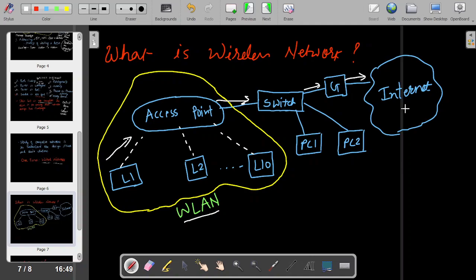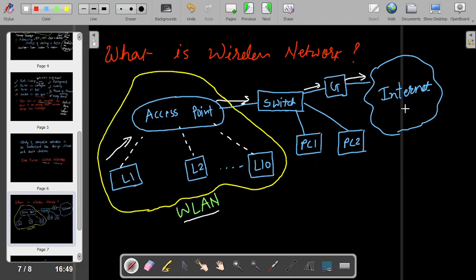The protocols which are designed for wired networks may not be useful for wireless networks. Some modification is required, and that is why we should keep in mind that our focus is on wired networks.